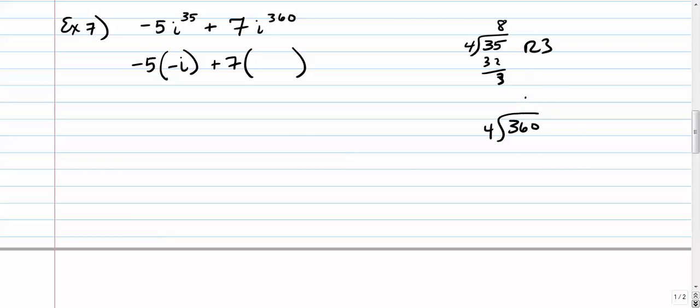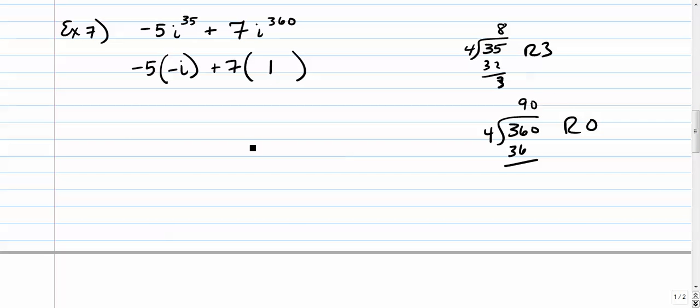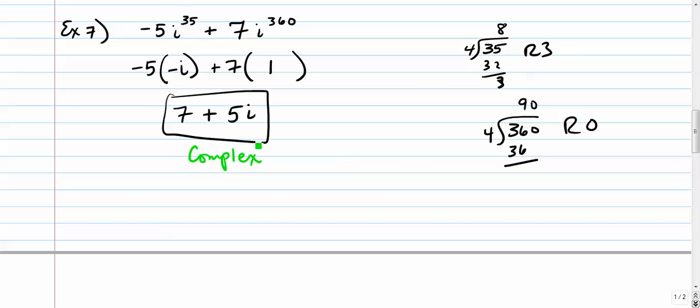We have, let's see, 9 times 4 is 36. So this is R0. That's just 90, remainder of 0. And that, of course, is equal to 1. So this is positive 5i plus 7. We always write the real term first and the imaginary component second. This is called a complex number.